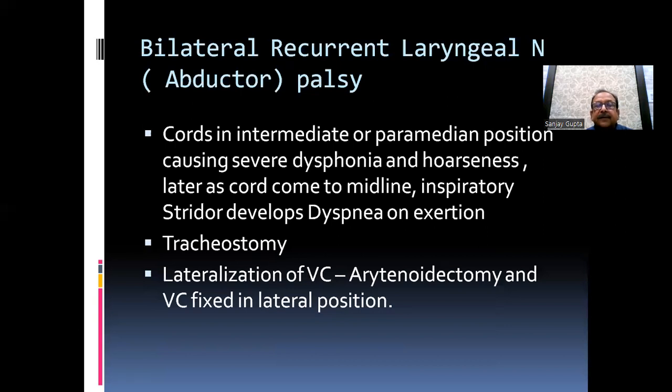Because of stridor and dyspnea, these patients require tracheostomy, and for treatment, various procedures for lateralization of the vocal cord need to be done, which may be arytenoidectomy and vocal cord fixation in lateral position.